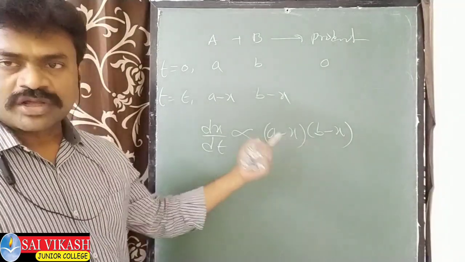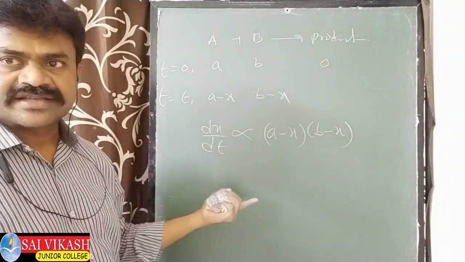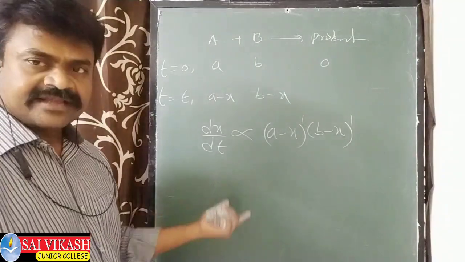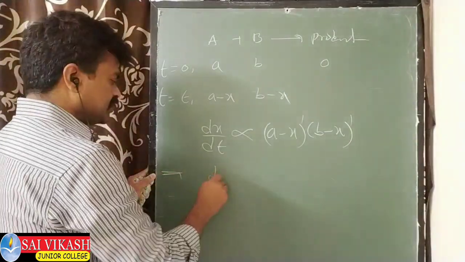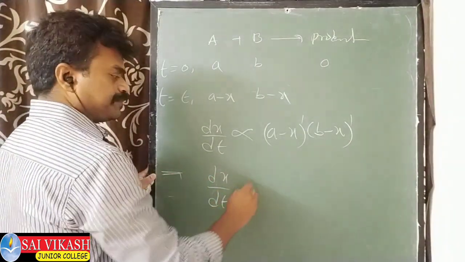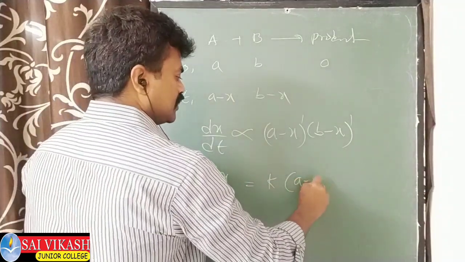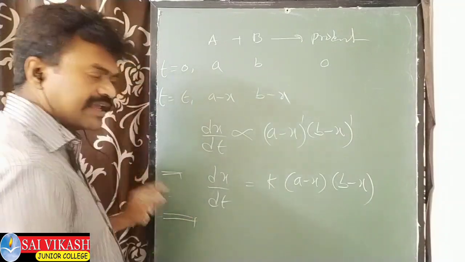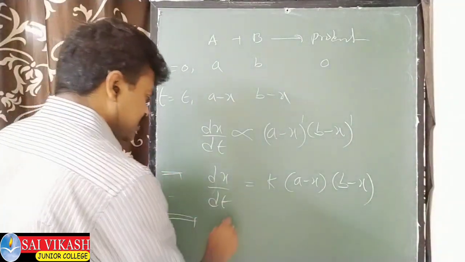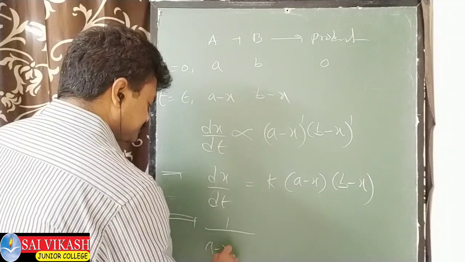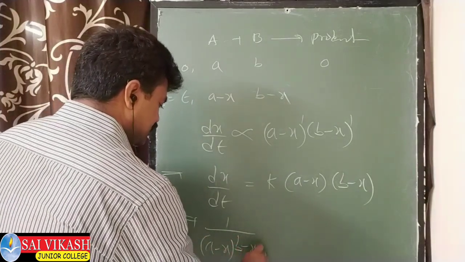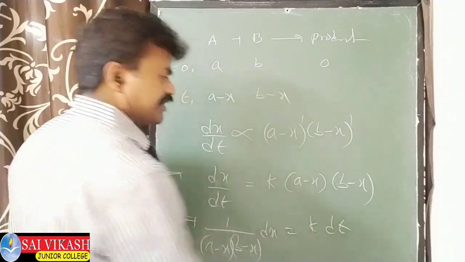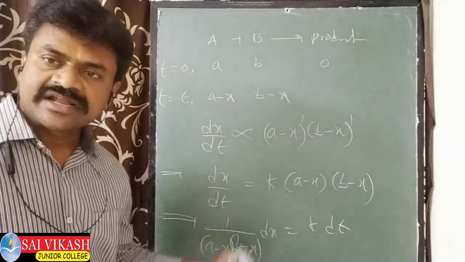Yes, it is second order because power 1 will come for each. Again remove the proportionality, so dx by dt is equal to k into (a minus x) into (b minus x). Taking all x terms to one side, you will get 1 by (a minus x) into (b minus x) dx is equal to k into dt.